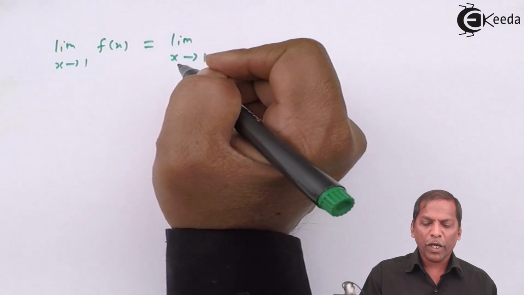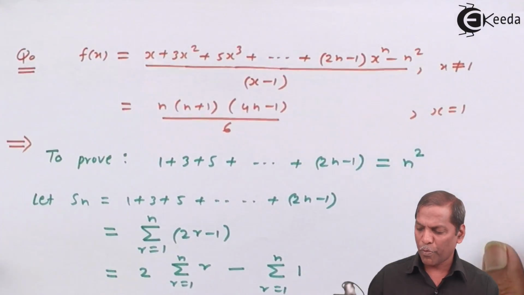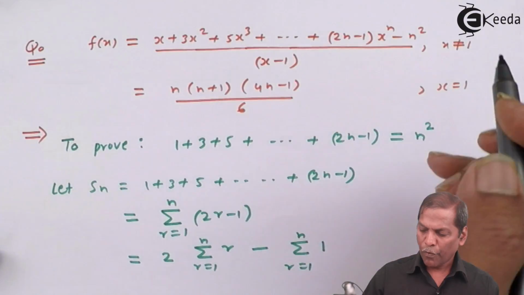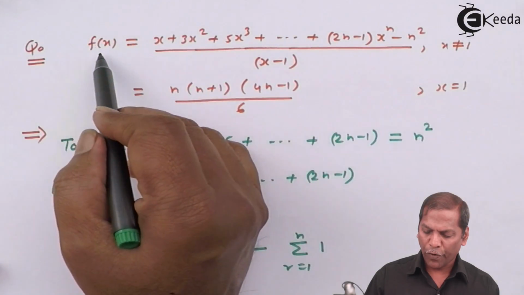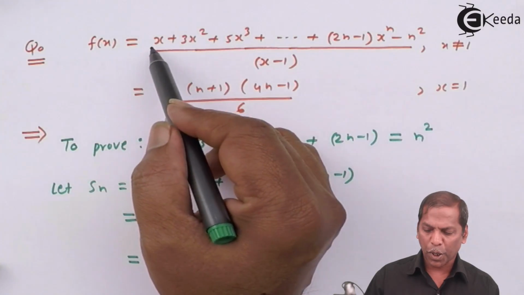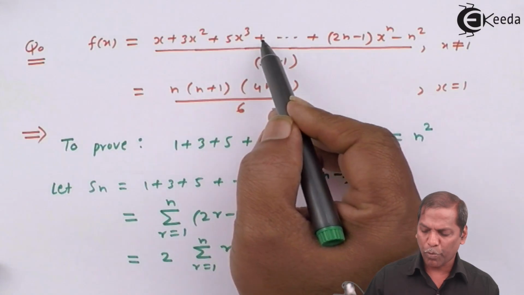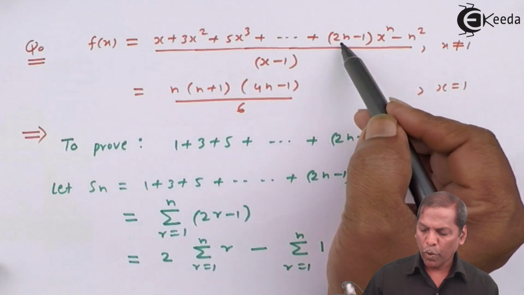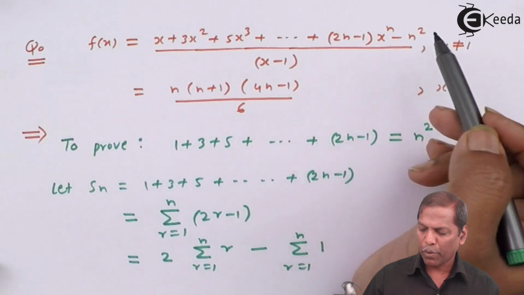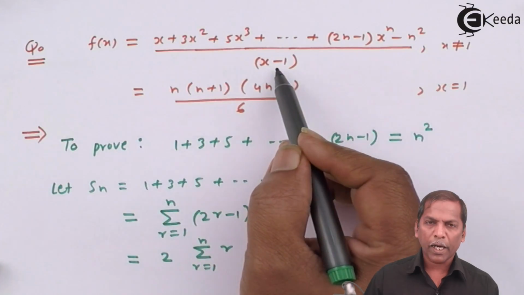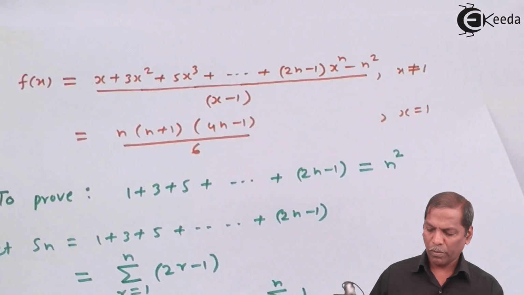Now x tends to 1 means x not equal to 1, and for that purpose in the question for x not equal to 1 we have given f of x is equal to x plus 3x square plus 5x cube plus ... plus 2n minus 1 into x raised n minus n square whole thing divided by x minus 1.